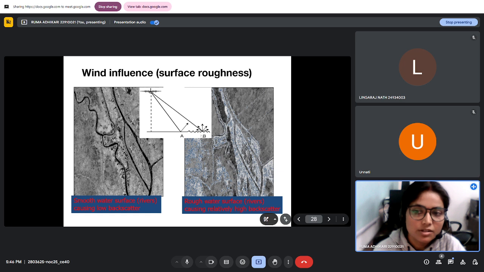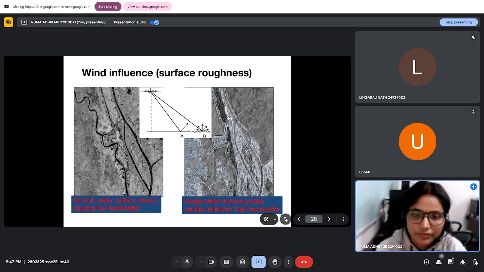That's how it is not getting any signal from the water. So it appears dark because we are not getting any signal from there. So very low or zero value for that pixel, or DN value. The higher the values, the brighter the pixel.